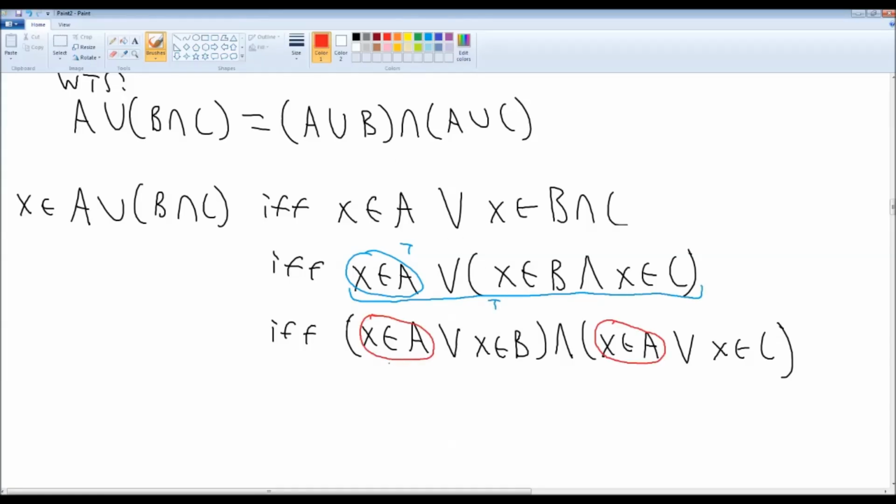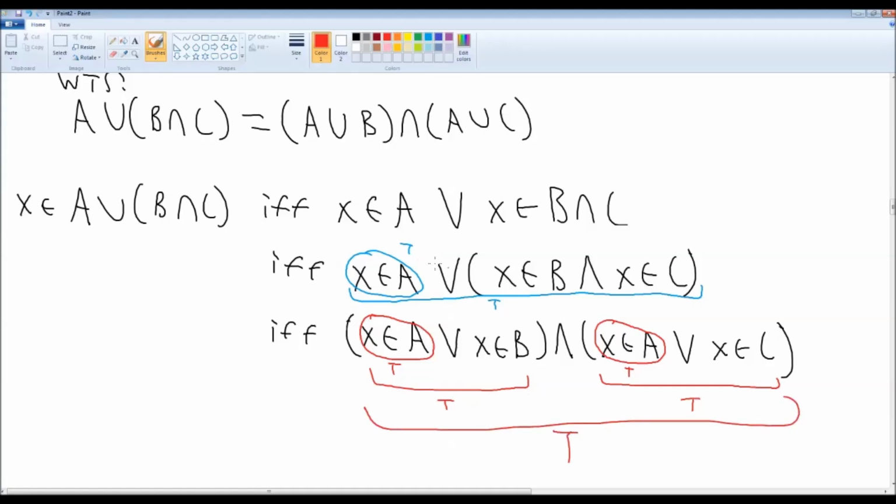And again, on down here, if both of their X is an element of A is true, then we have true or whatever, which just simplifies to true. And then here again, we have true or whatever, which simplifies to true. So our whole statement here says true and true, which is, of course, true.